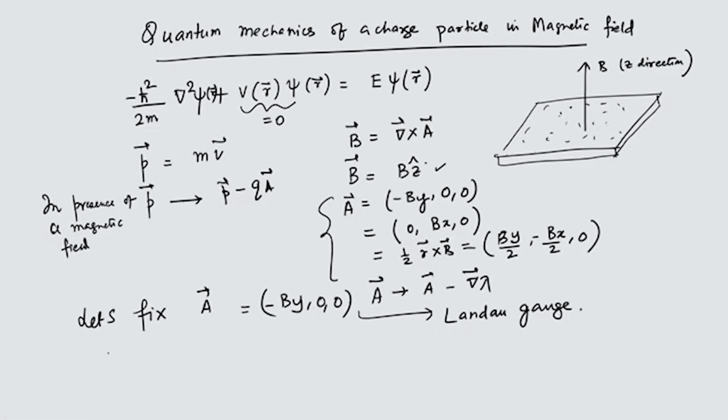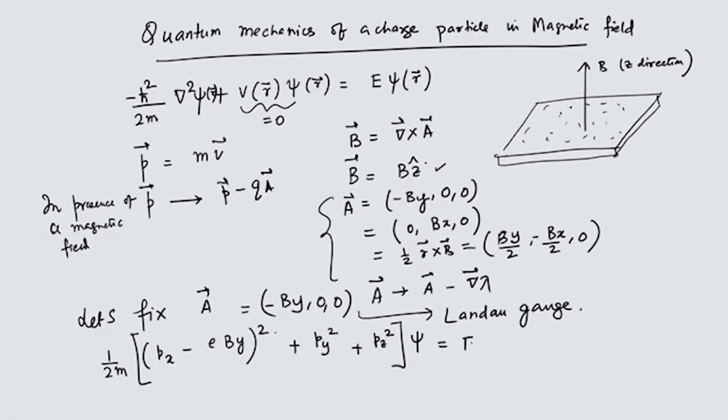So we will have this equation which is 1 over 2m, because it is p square over 2m: (px minus eBy) whole square plus py square plus pz square, and you can actually put the 2m outside.